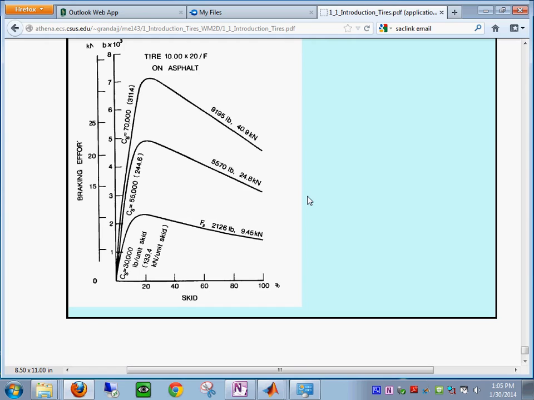But you can see that with a 9,000 pound vehicle, it's very easy to skid.